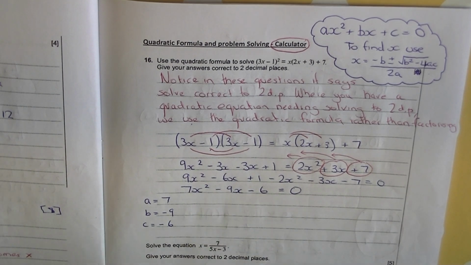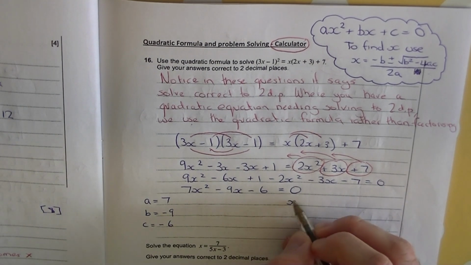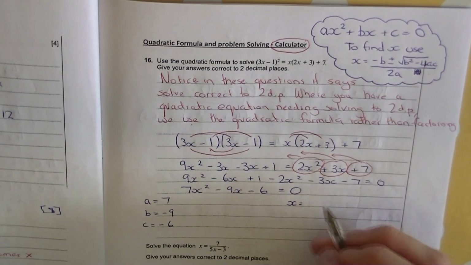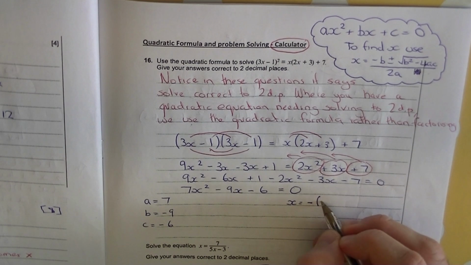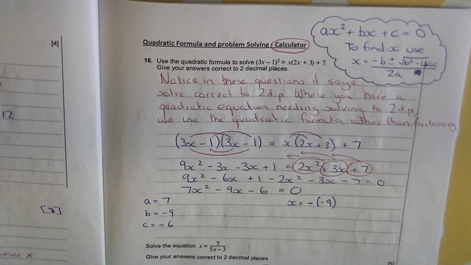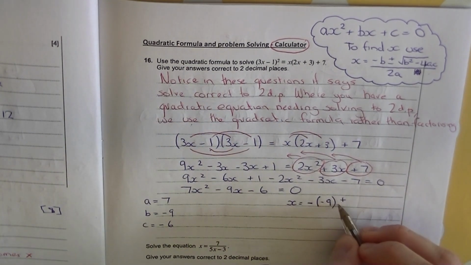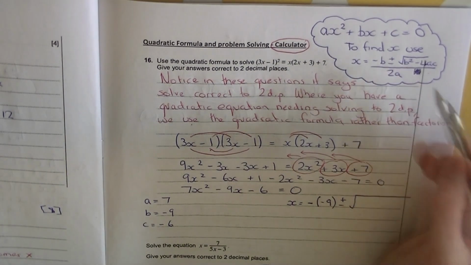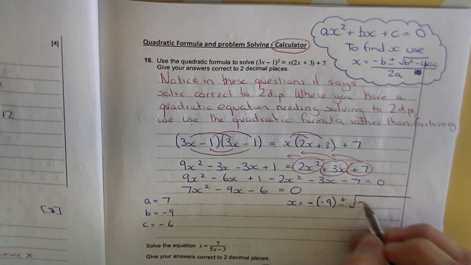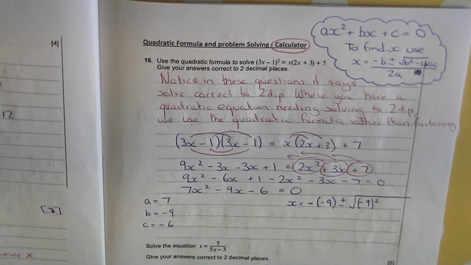Okay, the quadratic formula then. I like to use brackets, okay, so it's x equals, and we start with minus b, but what's b? B is minus 9, so in brackets, minus 9, plus or minus the square root of b squared. What's b again? B is minus 9. Put it in brackets though, otherwise your Casios will get that wrong. Minus 9 squared is 81.